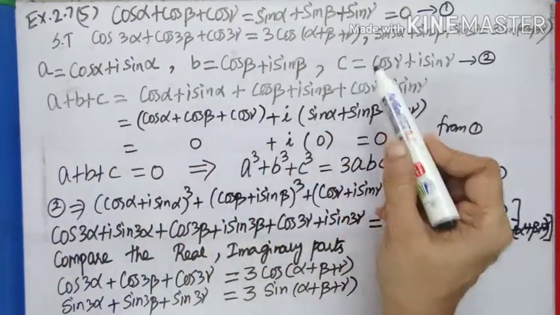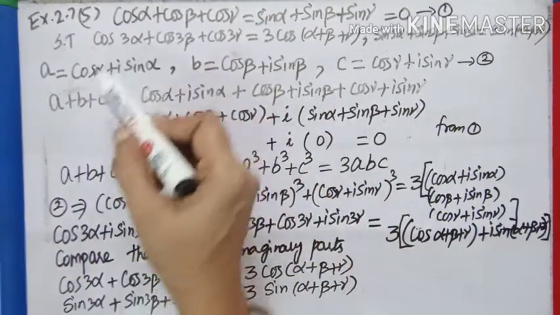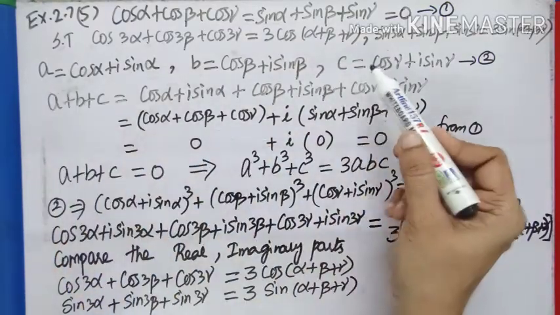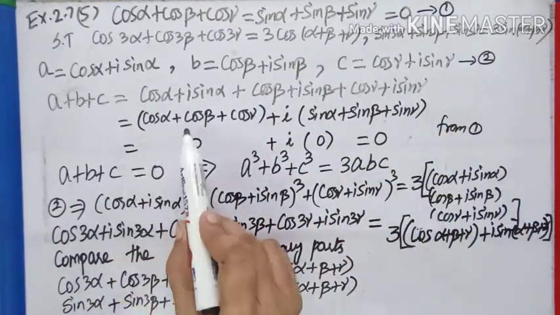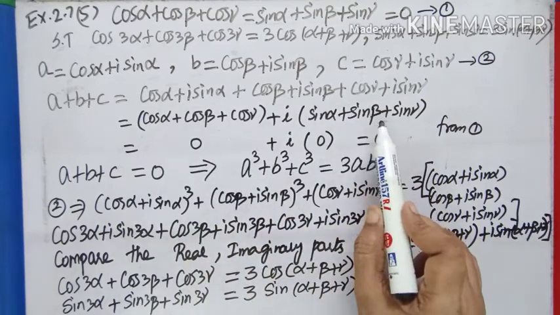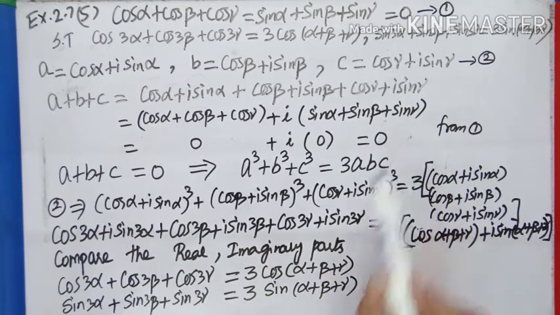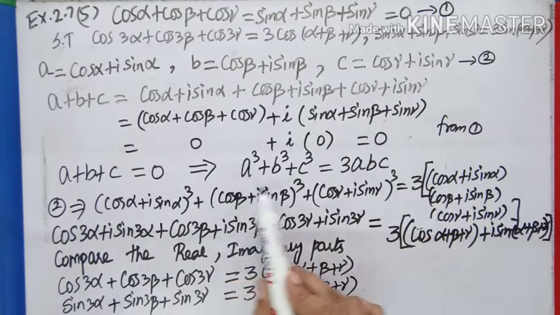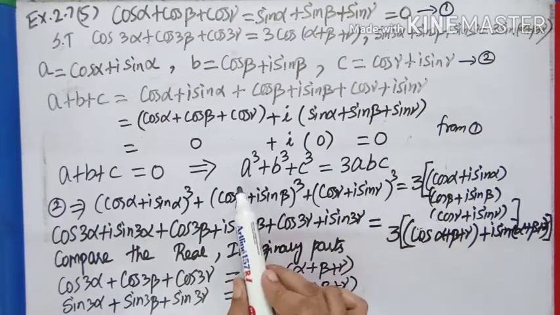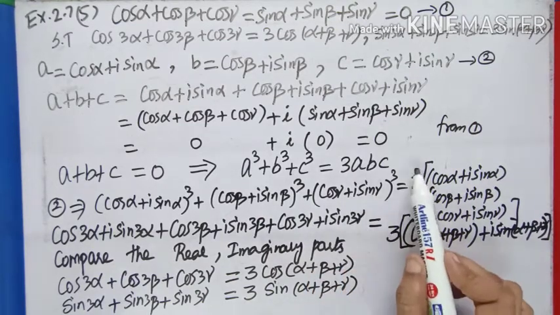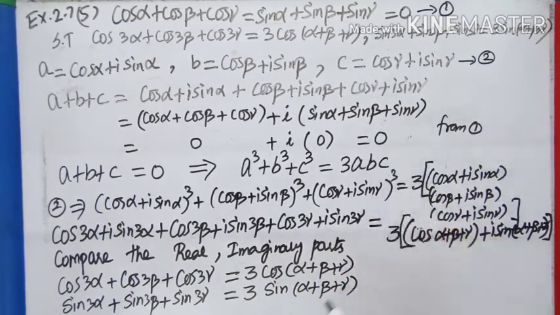Consider 3 different complex numbers with alpha, beta and gamma, and by adding I am able to show 0 plus i0, and whenever the total of A plus B plus C is 0, I can immediately remember the algebraic result: A cube plus B cube plus C cube equals 3ABC, and this paves this result.